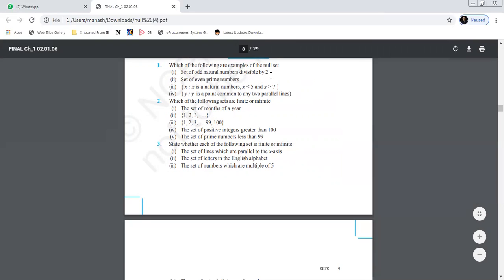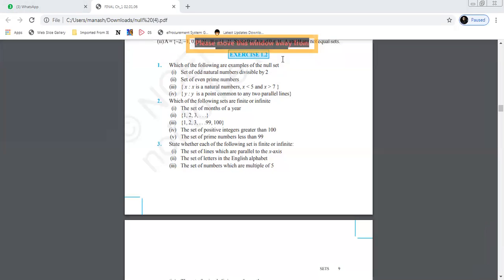All of you know that no odd number is divisible by 2. That means this set contains no elements, so it is an example of a null set.